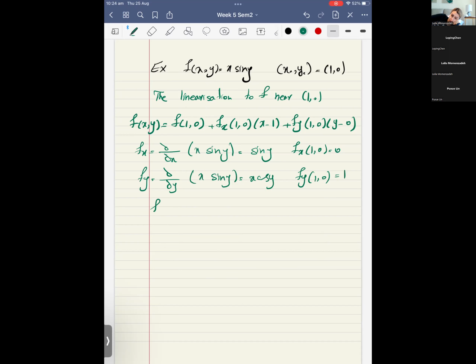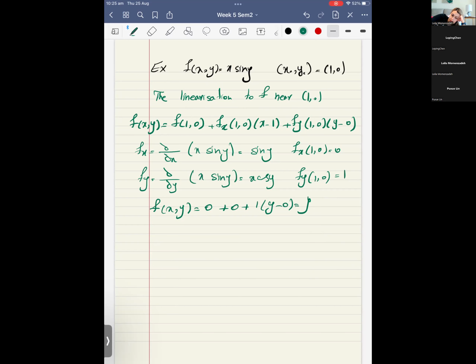It means that f of x and y would be approximately, if I put x 1 y 0, sine 0 is 0, you have 0 plus 1 times y minus 0, which is y. When you want the linearization with center 1 and 0, f of x y would be y.